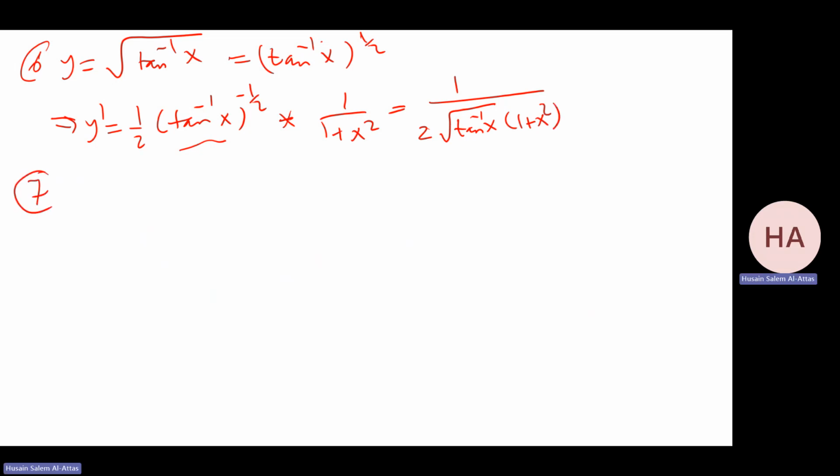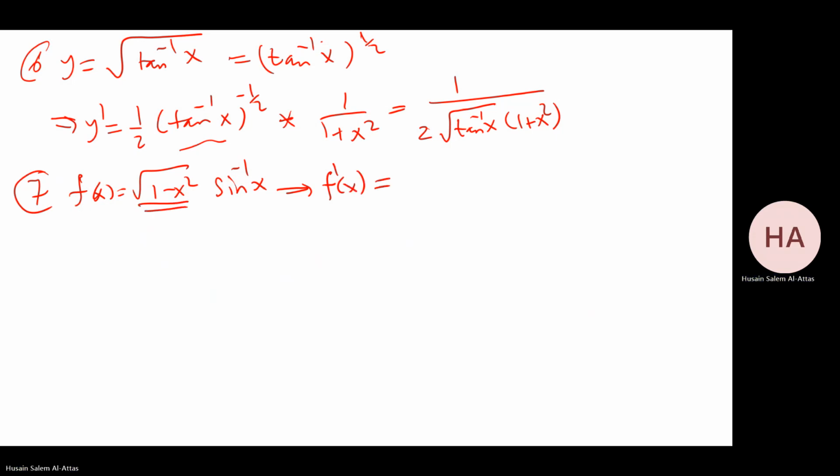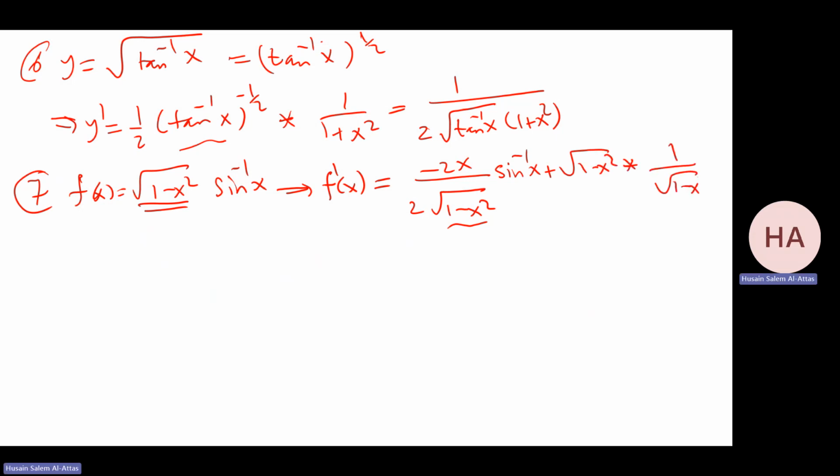Number 7, f of x equals the square root of 1 minus x squared times sine inverse of x. What will be f prime of x? The derivative of the first is 1 over 2 root 1 minus x squared times the derivative of the inside, which is minus 2x, times sine inverse of x, plus the first times the derivative of the second.